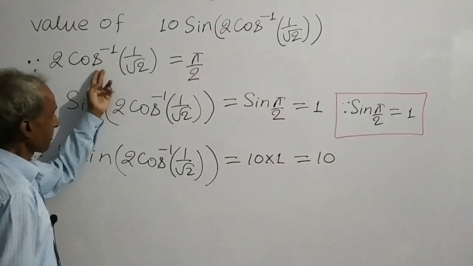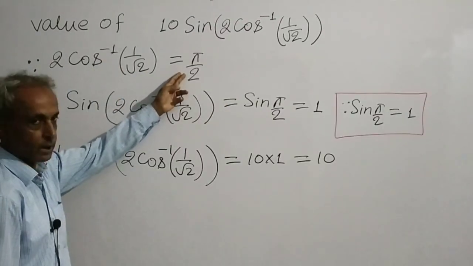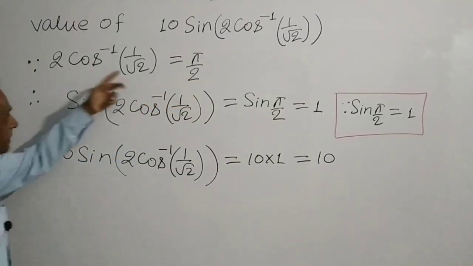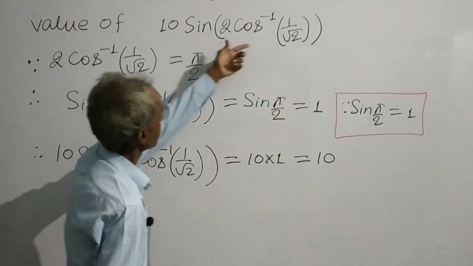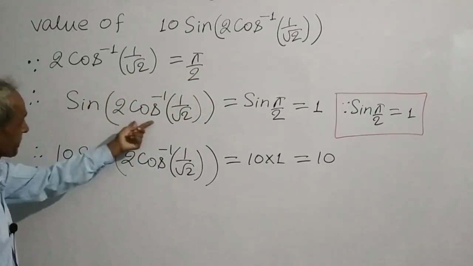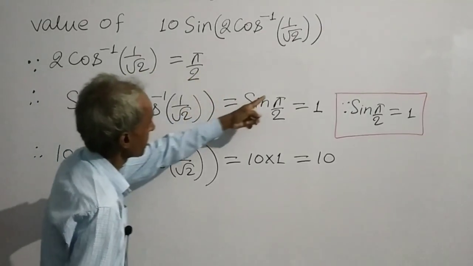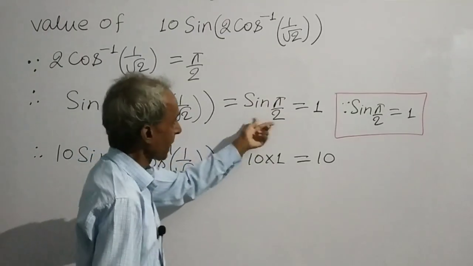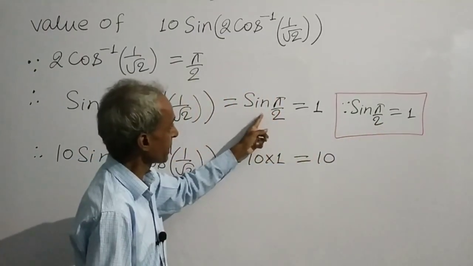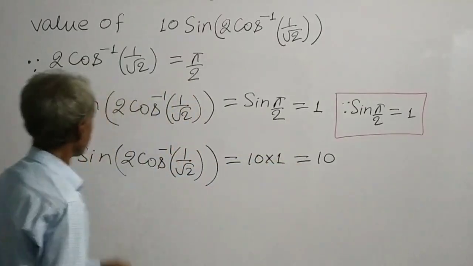Since the value of this expression is equal to pi by 2, therefore sine of this expression will be equal to sin pi by 2, and the value of sin pi by 2 is equal to 1. Therefore this will be equal to 1.